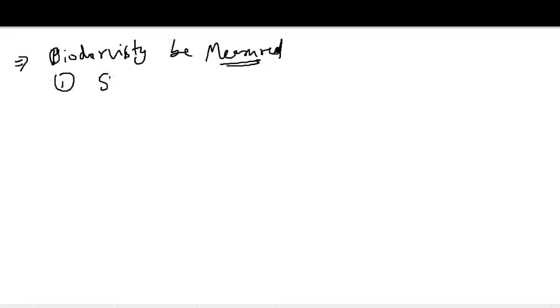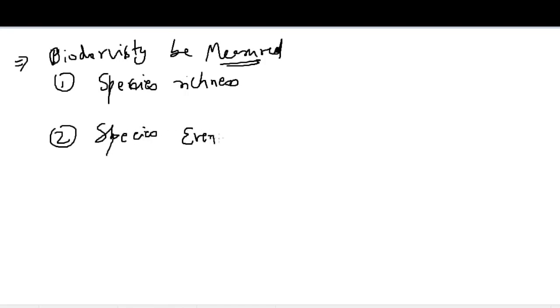First is species richness, and second is species evenness. Now, what is species richness and what is species evenness?